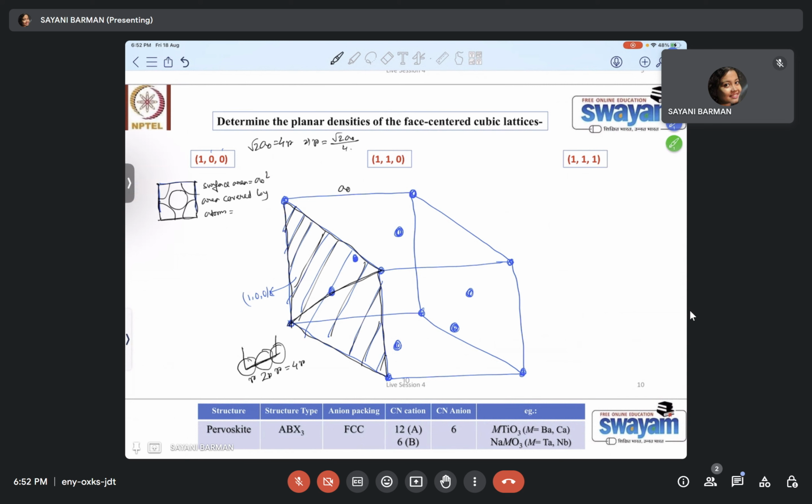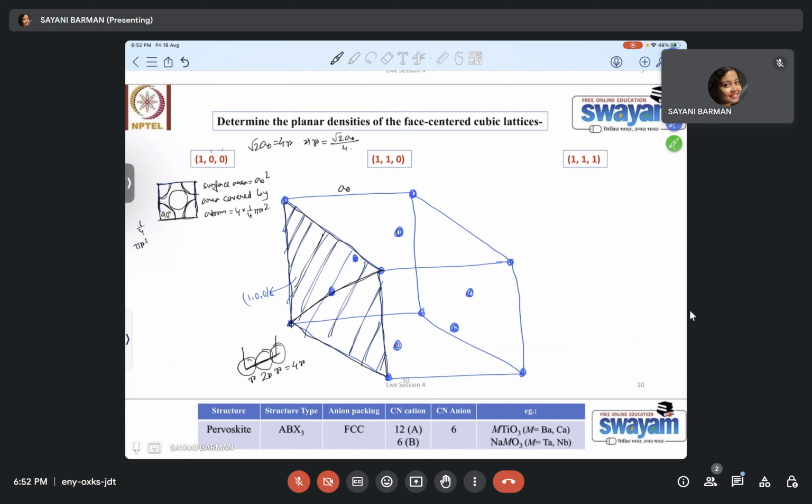In this square, this much amount is what? 90 degrees. 90 degrees is how much of 360 degrees? It's one fourth, right? For each circle the area is pi r square.